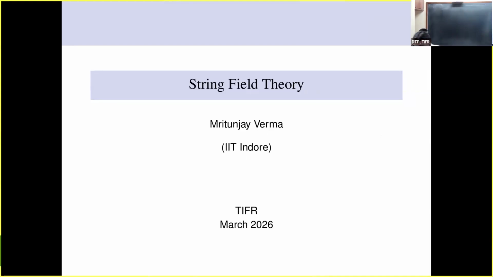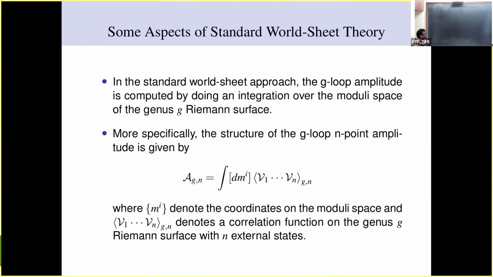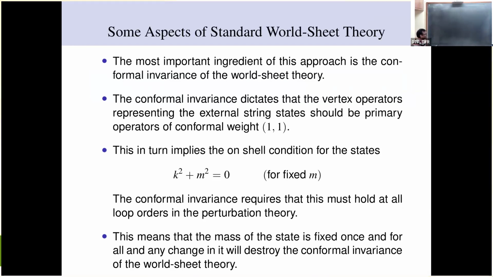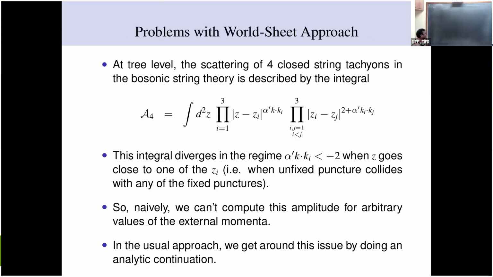Thank you again. Last time, we covered some motivation for why string field theory is very useful. We considered one motivation: if you don't take into account the quantum mass correction to string states, then you get divergences when you try to compute string amplitudes.